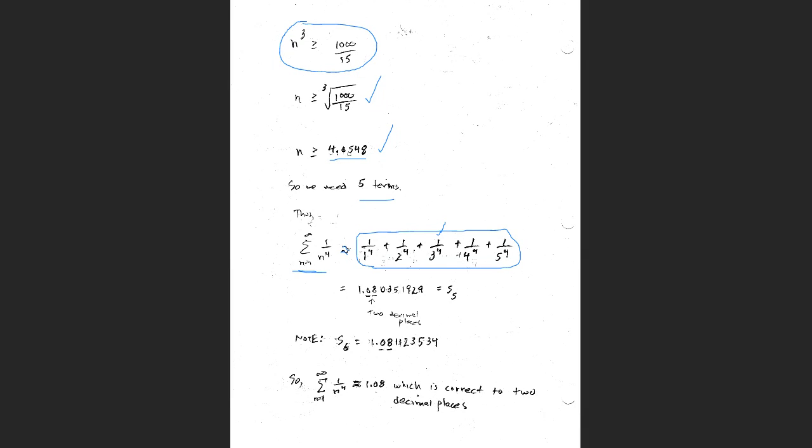That's S sub 5, right? That's what this is. S sub 5. And this is what your calculator will give you: 1.08035192.